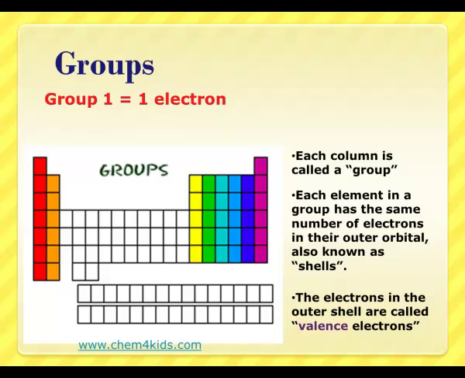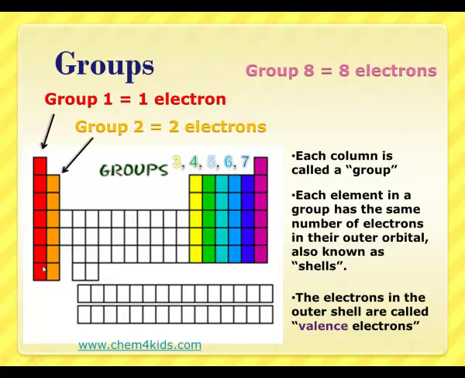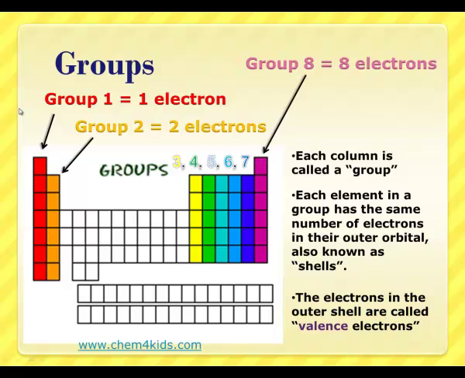The electrons in the outer shell are called valence electrons. So, if this is the element in group 1, that means it would have 1 valence electron, 1 electron in its outer ring. If it's in group 2, it would have 2 valence electrons, 2 electrons in the outer ring.